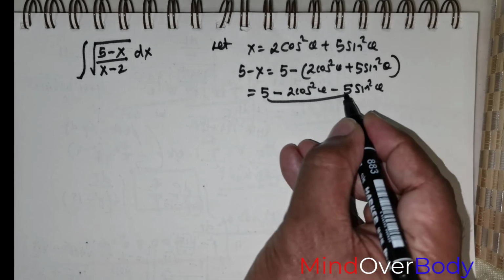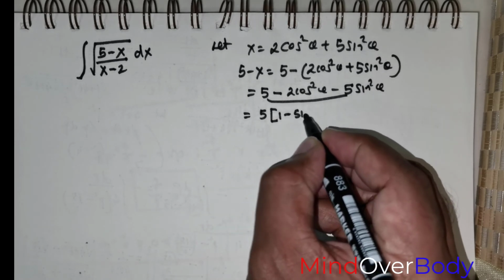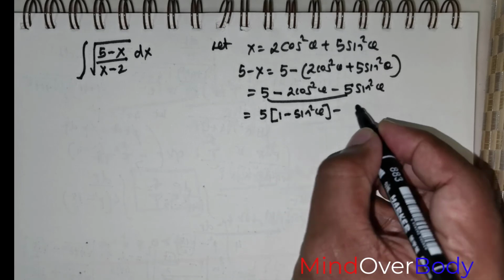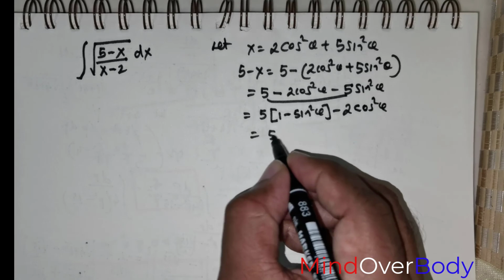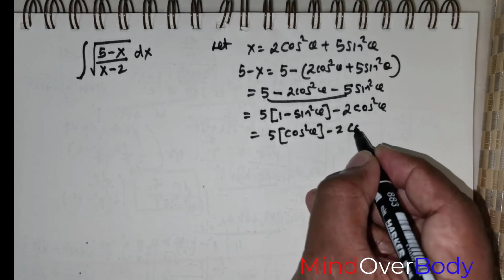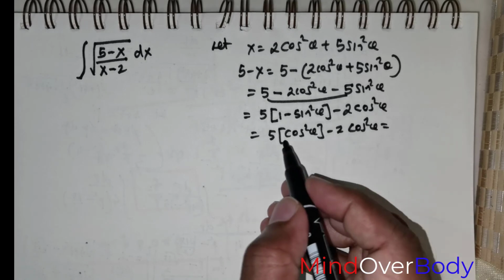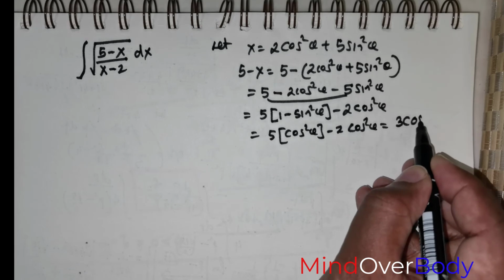I can club these two together, so that would mean 5 times (1 minus sin square theta) minus 2 times cos square theta. Now 1 minus sin square theta is cos square theta, followed by minus 2 times cos square theta. 5 cos square theta minus 2 cos square theta will give me 3 times cos square theta.